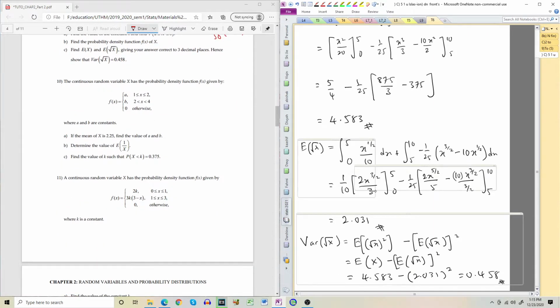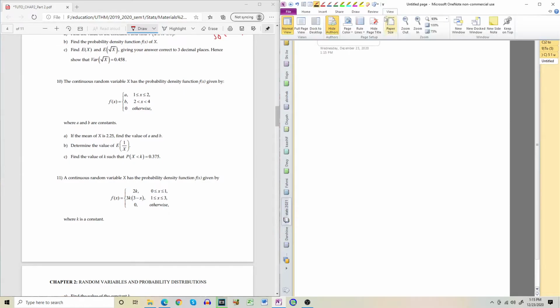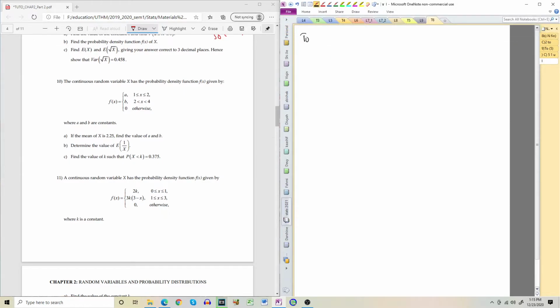Question 10. This is continuous random variable probability density function. If the mean of x is 2.25, find the a and b.